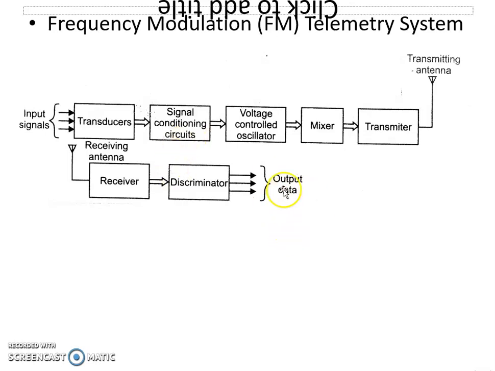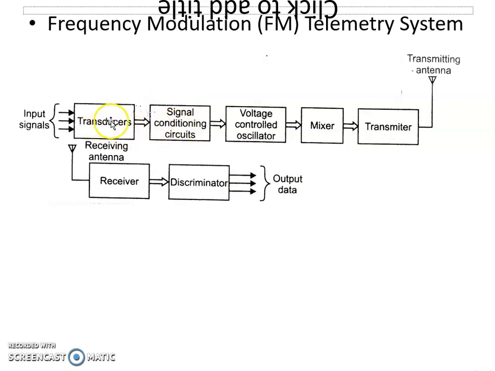So this is the block diagram of a standard frequency modulation telemetry system. Here a number of sensor transducers are used in association with separate, individual signal conditioner circuits.